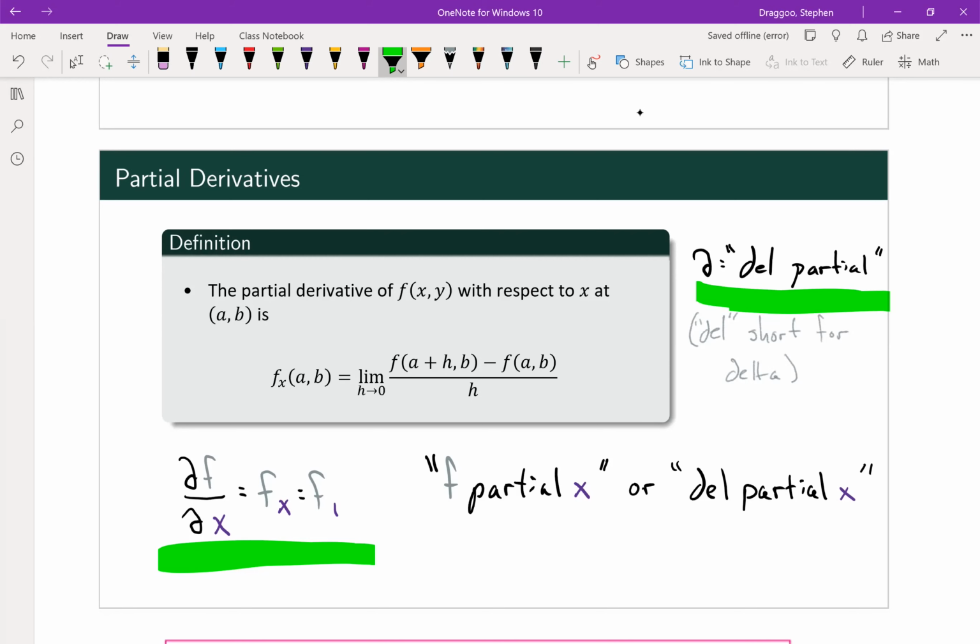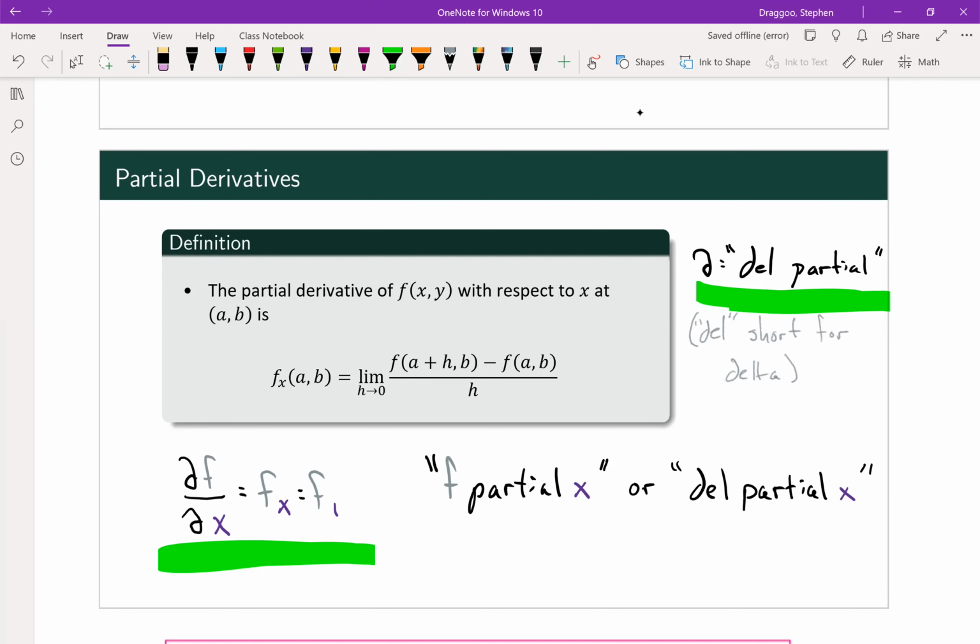And so we might also call it del partial. So that's one of the standard notations. One of my favorites is the subscript notation, which is the one listed second. F sub x means f partial x. Or we could also say del partial x if we don't want to specify what function we're taking the derivative of. So if we just want to say, in general, take the partial derivative with respect to x, we could say del partial x. Or if we know we're taking the derivative of a function named f, then we can call it f partial x.